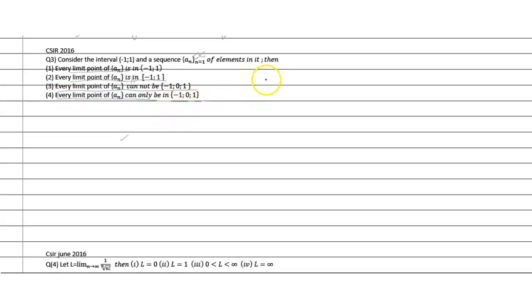So we take an example. a_n equals 1 minus 1 by n. So limit n tends to infinity, a_n equals 1.